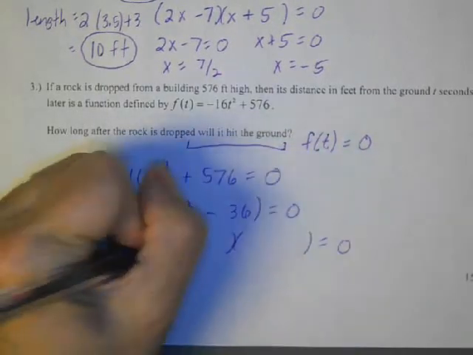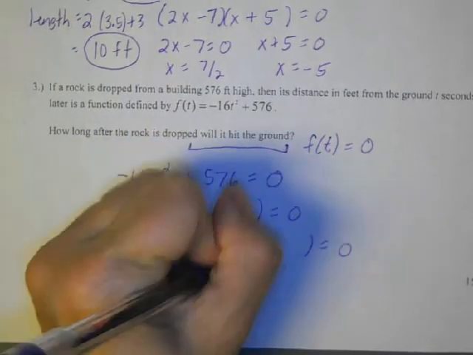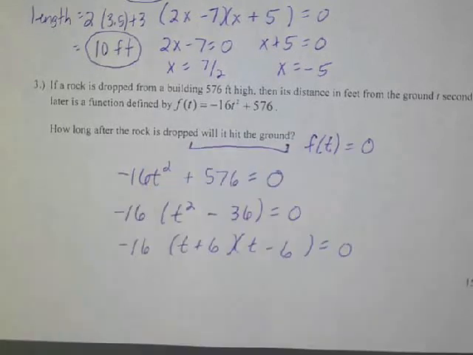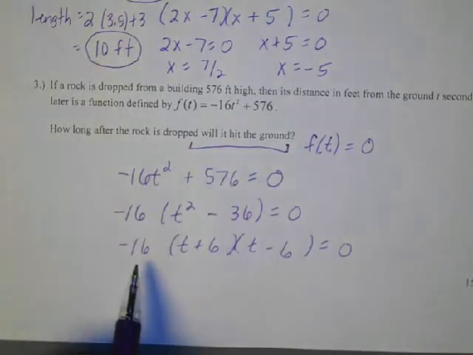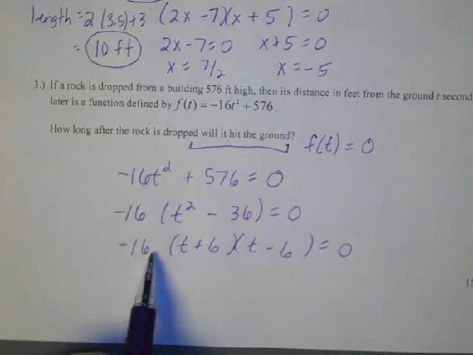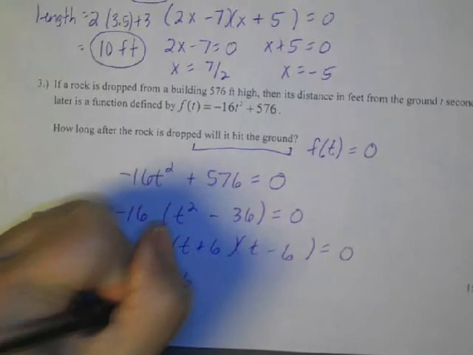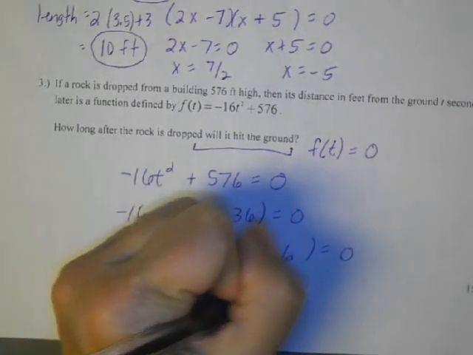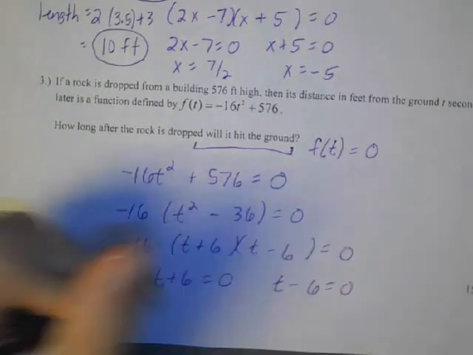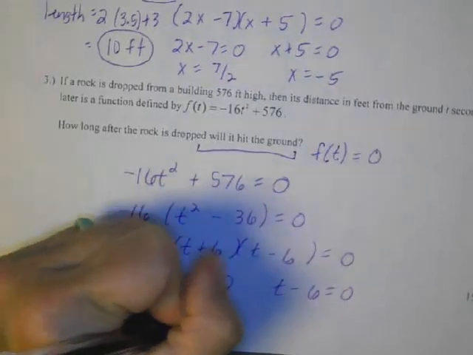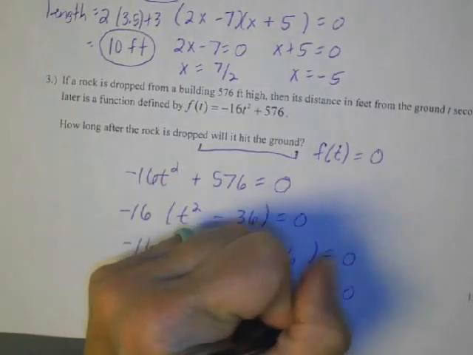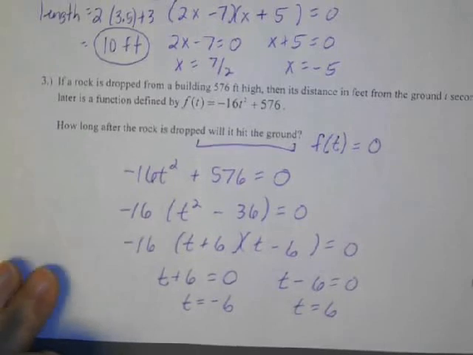The parentheses will be the same except one's plus and one's minus. Negative 16 is not something I set to 0 because it has no variable with it. So I say t plus 6 is 0 and t minus 6 is 0. This says t is negative 6 and this says t is 6.